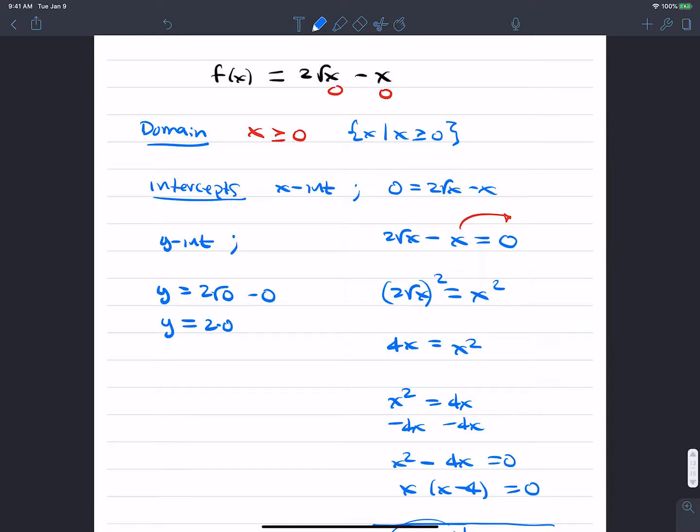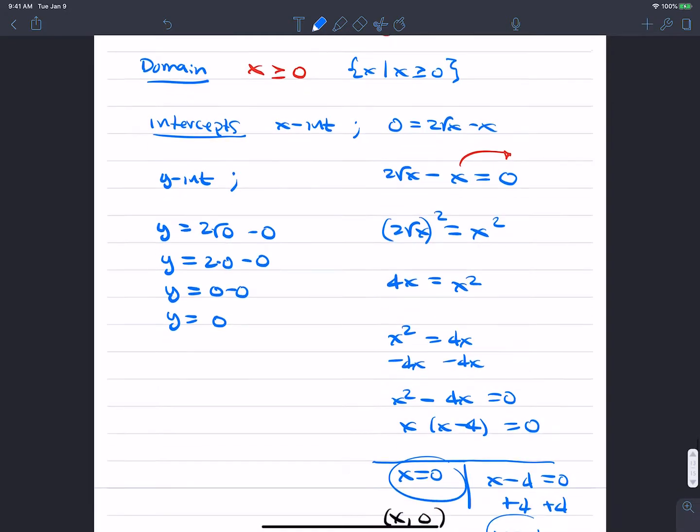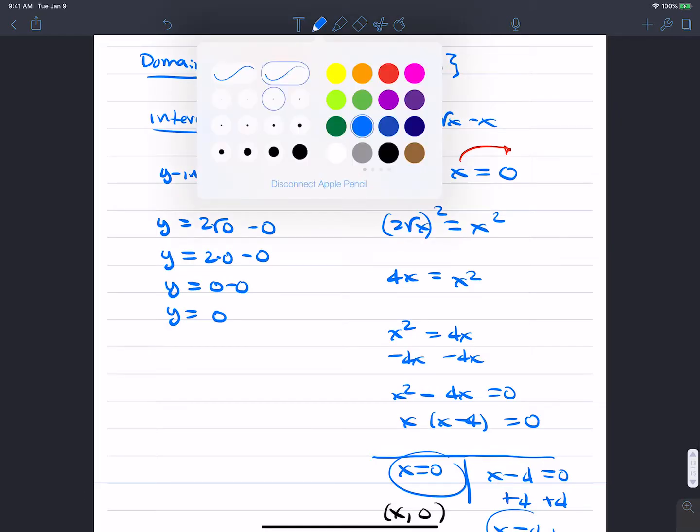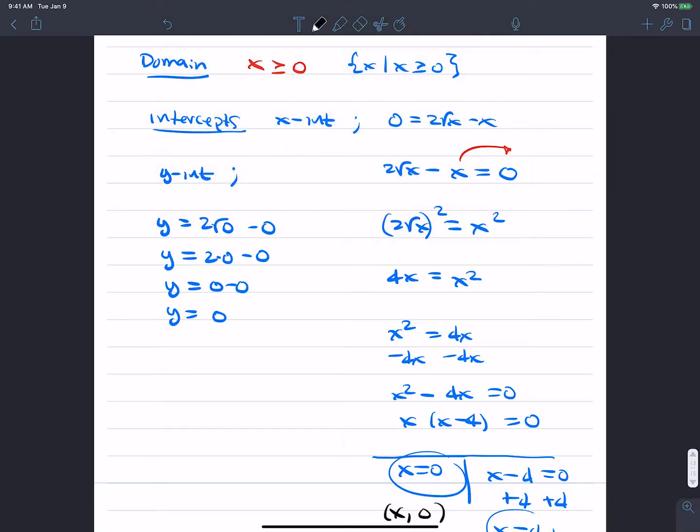Y is 2 times 0 minus 0, or simply y is 0 minus 0. Y is 0. So your address will always look like this. Since you let x be 0, it'll be 0 comma y generally. But since y is 0, this is the location of your y-intercept. So it's at the origin. Okay, what comes next? Do you guys know?